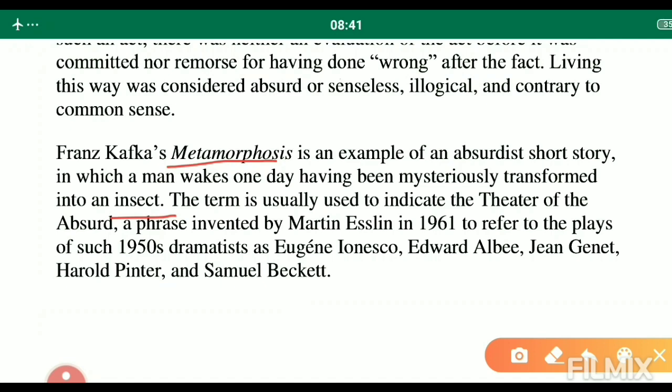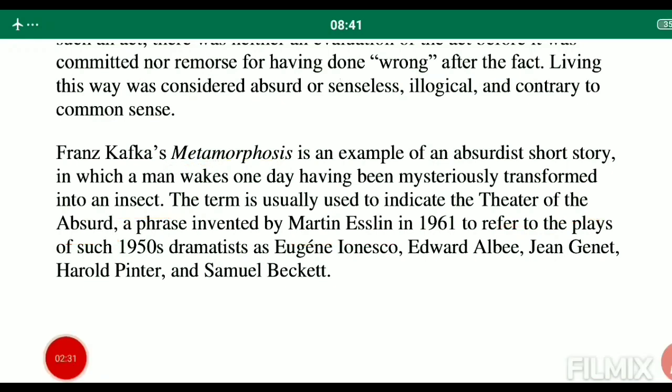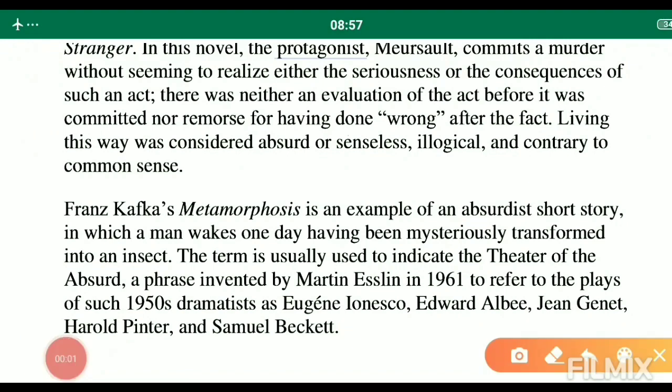So the term usually indicates the theater of the absurd. This term absurdity is an indication of the theater of the absurd, a phrase which was invented by Martin Esslin in 1961 to refer to the plays of 1950s dramatists Eugene Ionesco, Edward Albee, Jean Genet, Harold Pinter, and Samuel Beckett.